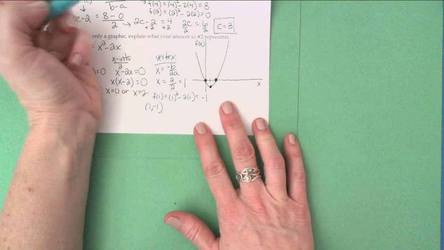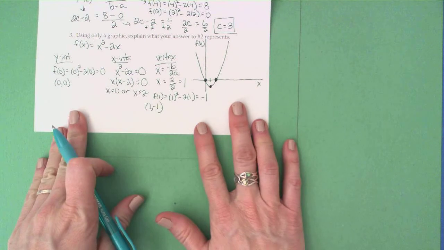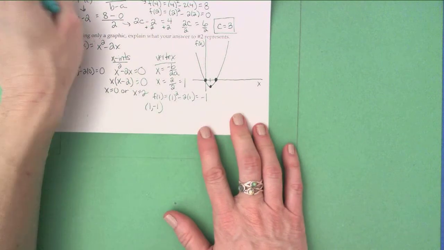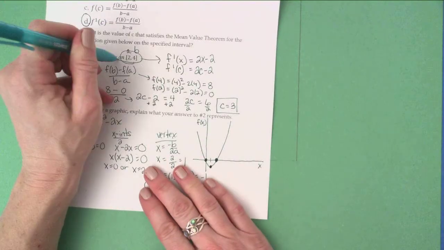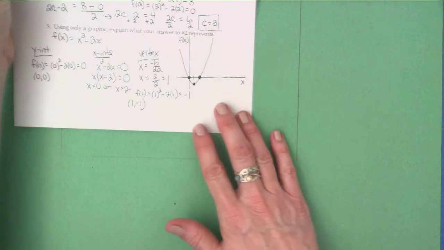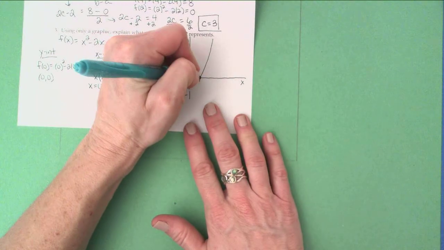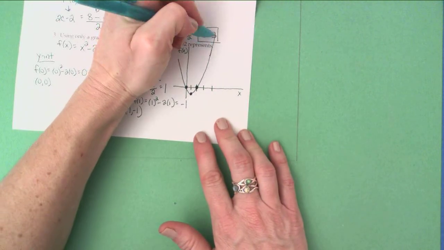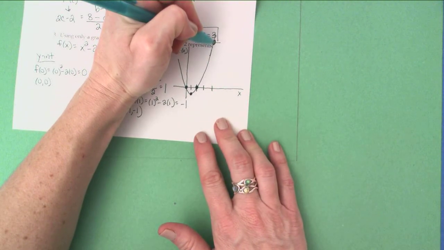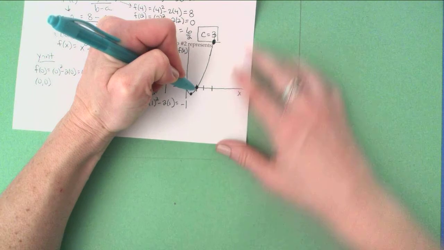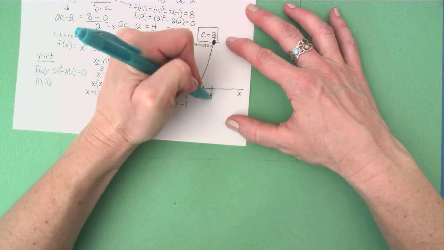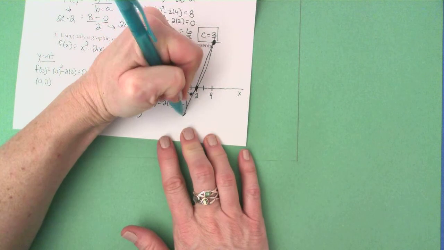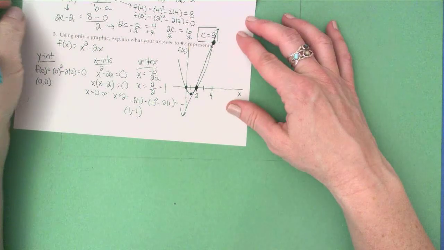Now, I need to zone off the area here between x equals 2 and 4, because let's not forget our interval here was 2 to 4. So I'm going to come up here, and here's 2. If I come out here to 4, go a little bit higher on my graph, maybe about right here. And if I draw the secant line connecting 2 to 4, I would have this. Okay?